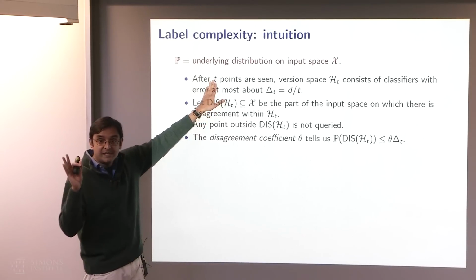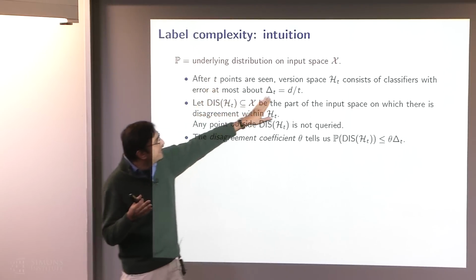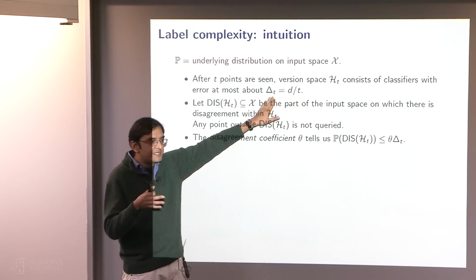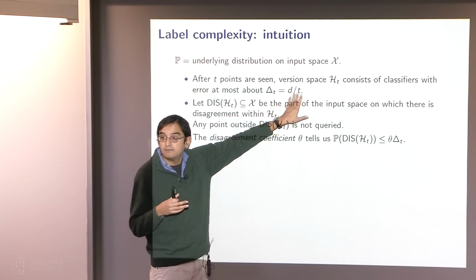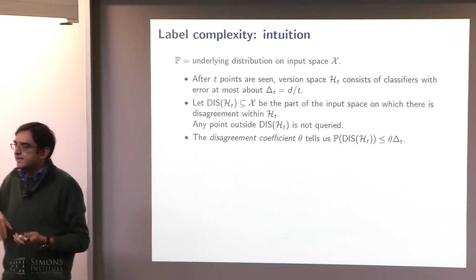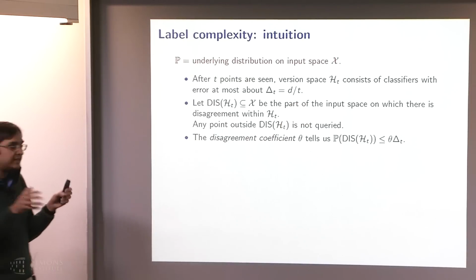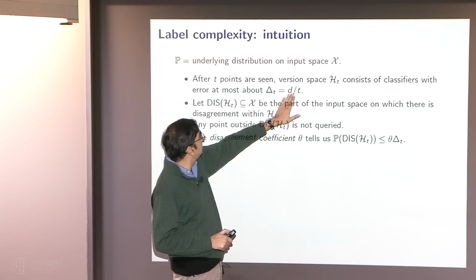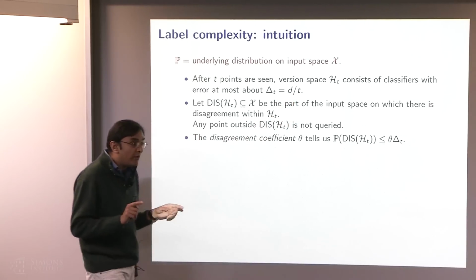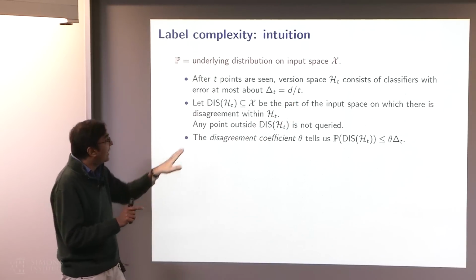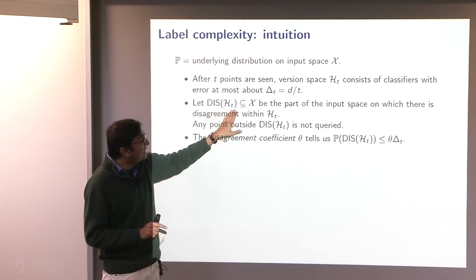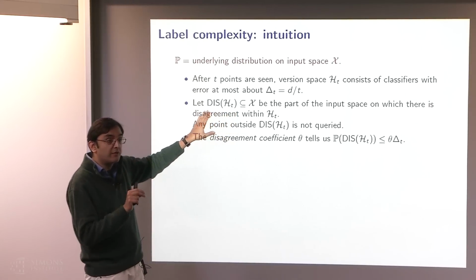You have t labeled points, which means by VC theory that the error rate of any consistent classifier is about d over t. After you've seen t points, the error rate is d over t. Everything consistent has an error of at most d over t. Now the only points you're going to query are those on which there's some disagreement.